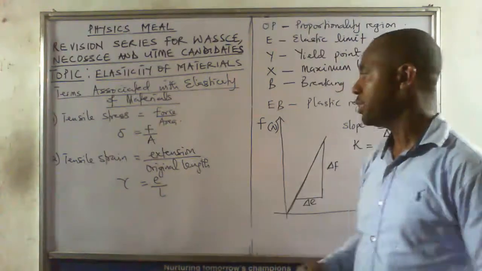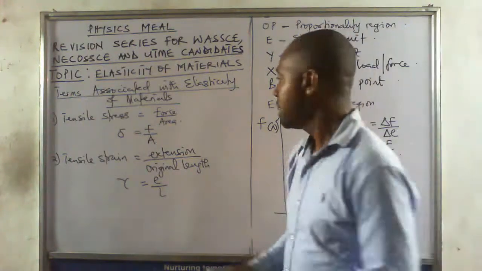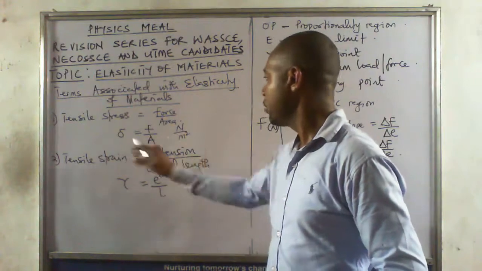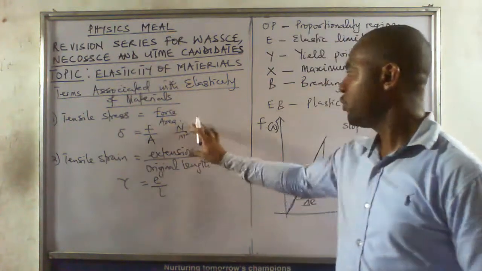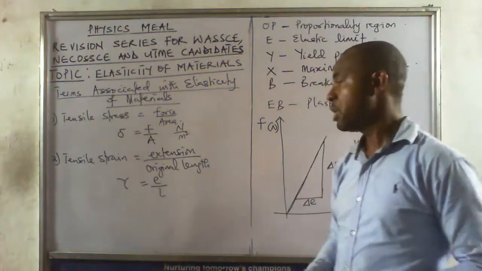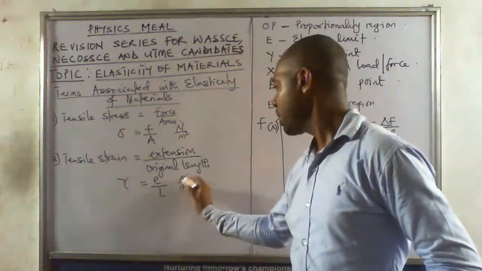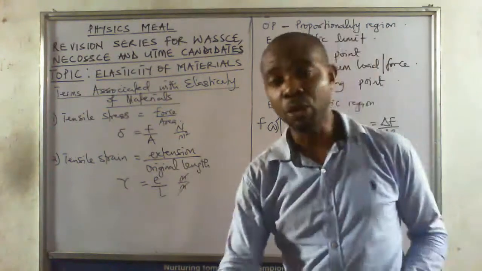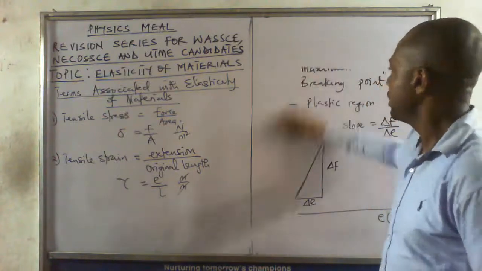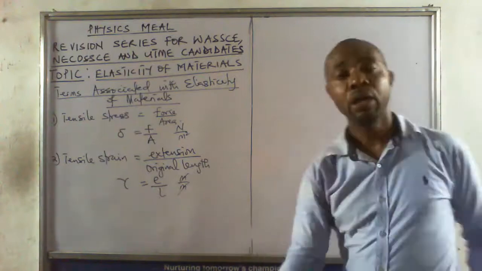Now you notice that the unit of force is Newton and the unit of area is meter square, so sigma has the unit of Newton per meter square, which is the same unit as pressure. Extension is in meter, length is also in meter, so they cancel out. There is no unit for strain. Strain is dimensionless.